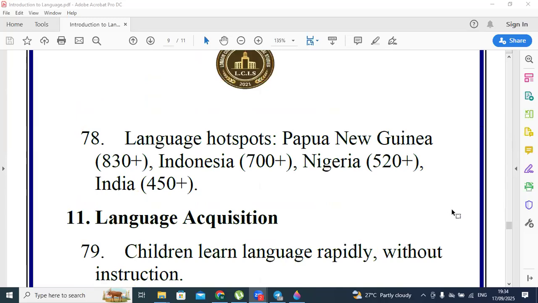Language hotspots: Papua New Guinea, more than 830; Indonesia, more than 700; Nigeria, more than 520; India, more than 450.